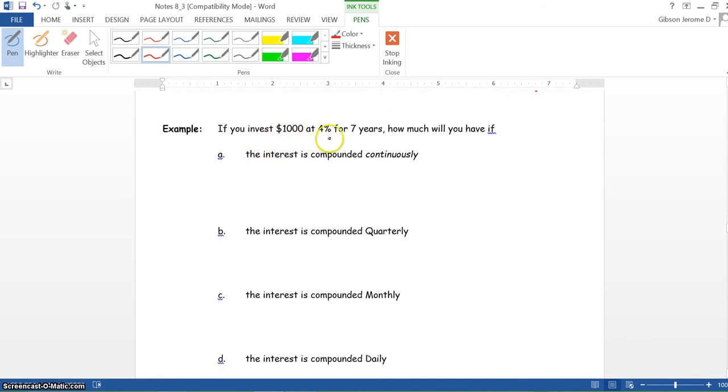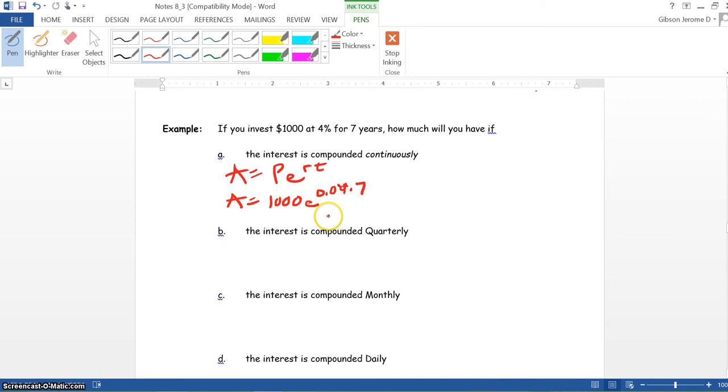If you invest $1,000 at 4% for 7 years, how much would you have if the interest is compounded continuously? So we will have A is equal to P times e to the rt. So we have A is equal to P is 1,000 times e, our rate is 0.04 and our time is 7.